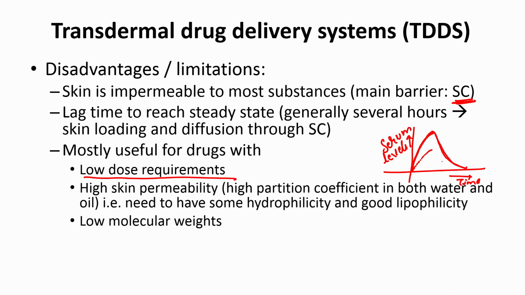However, because it is that slow, the clearance then starts to dominate. So maybe you have injected the same amount, but the serum level may only go something like this. So if you want something to reach a certain high concentration, it may not be possible with transdermal delivery.